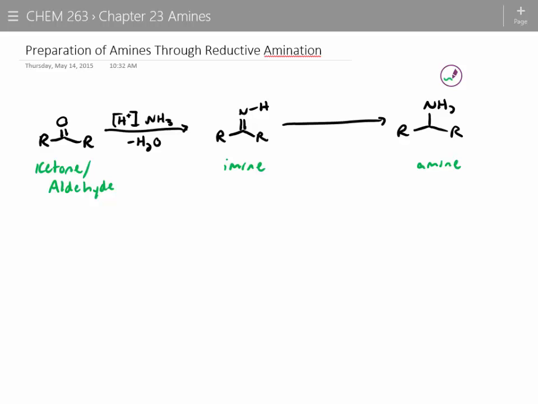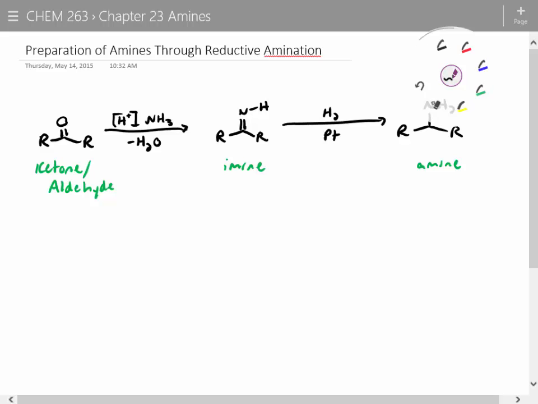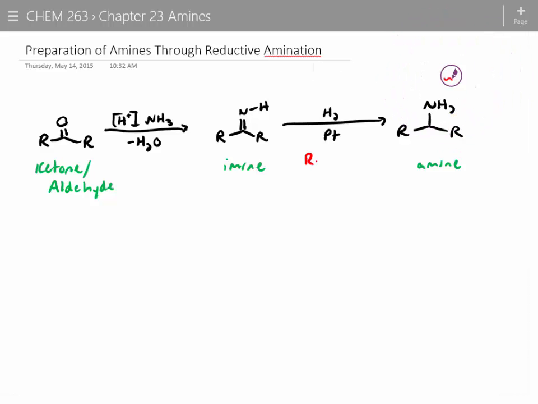What reagents do we use to reduce a double bond down to a single bond? Think about alkenes. H2 and platinum, right? So we could do this, and this would be a reduction.